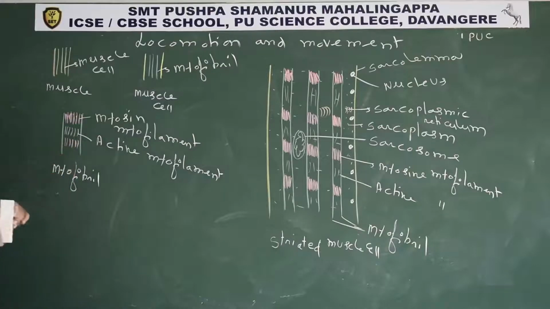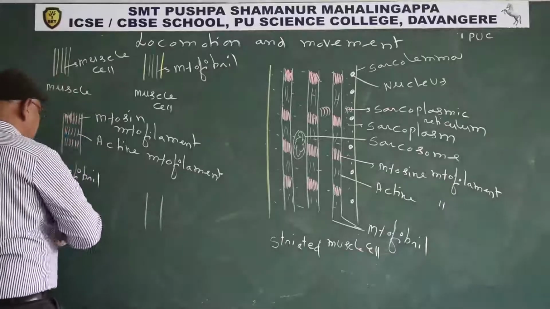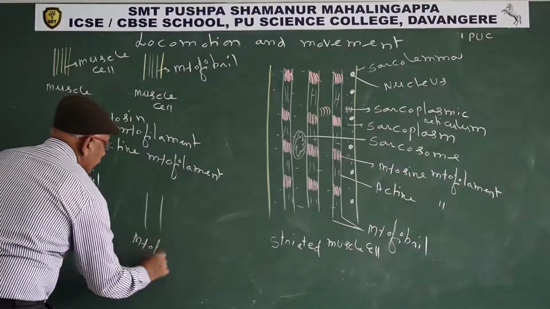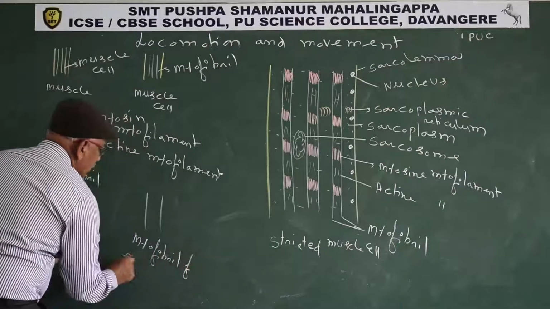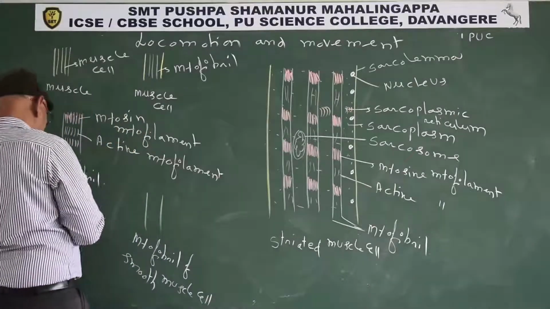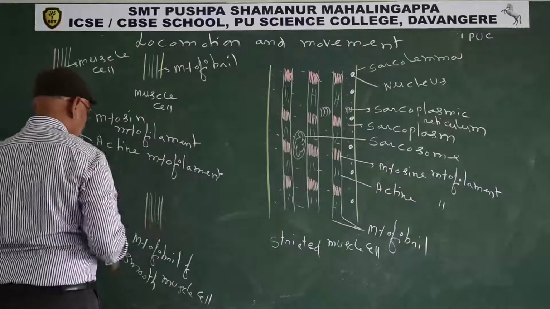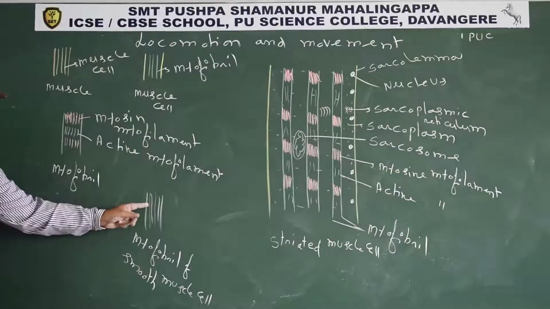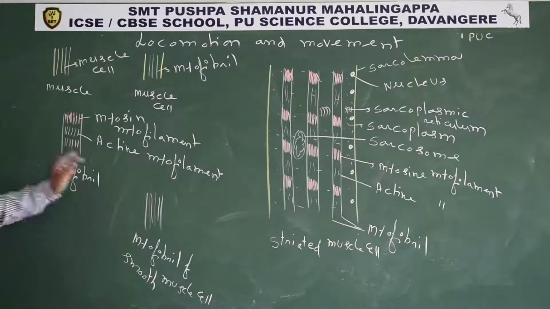Each myofibril contains two types of myofilaments, myosin and actin. Myosin and actin myofilaments are present alternately in striated myofibril and cardiac myofibril. In smooth myofibril, myosin and actin myofilaments are present side by side. In the myofibril of a smooth muscle cell, myosin and actin filaments are side by side, that's why striations, lines, do not appear.